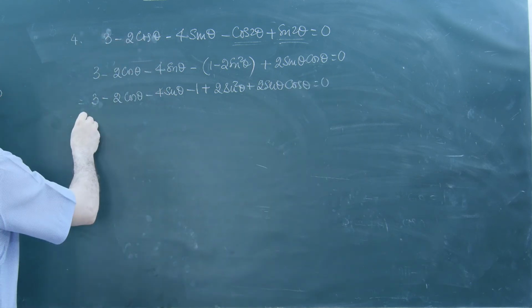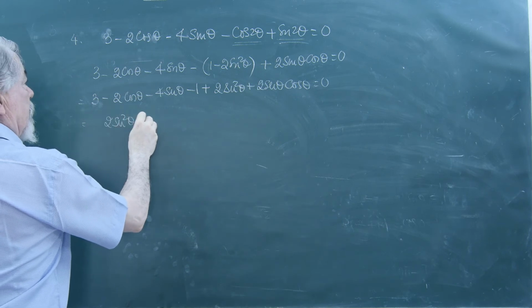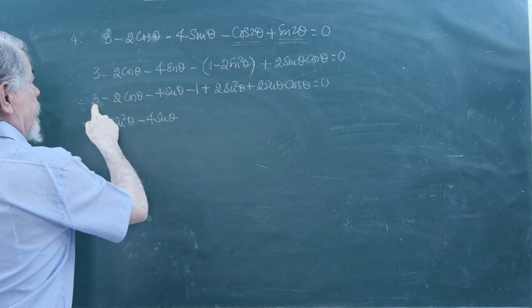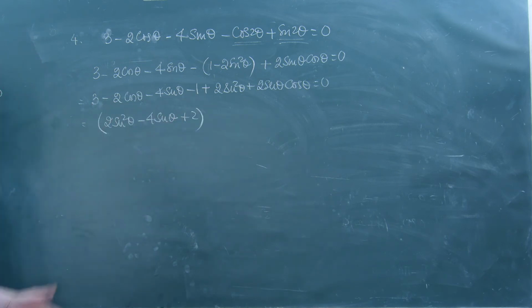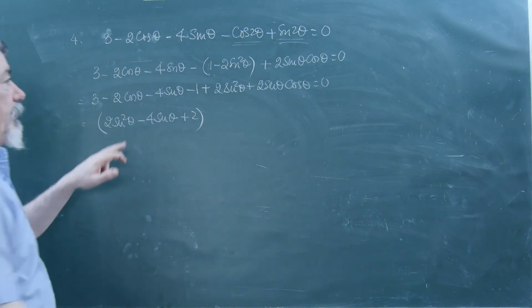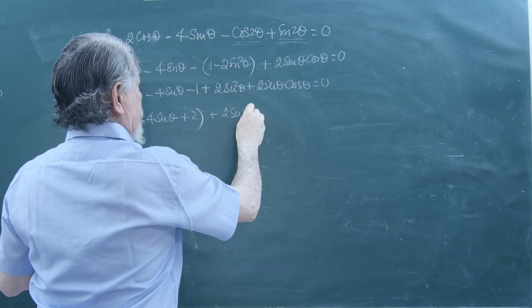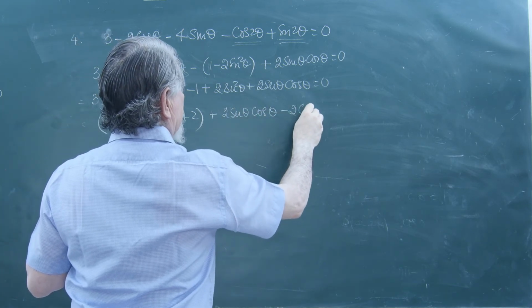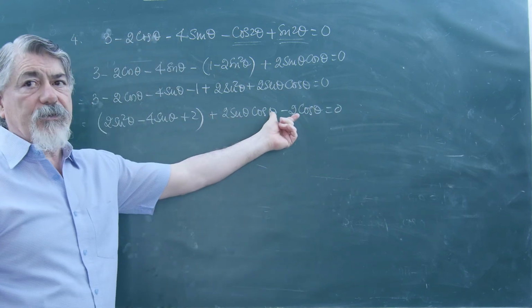I can write this as 2 sine square theta minus 4 sine theta, and 3 minus 1 is plus 2. Combine these, then it might become something. And here plus 2 sine theta cos theta minus 2 cos theta is equal to 0, because I can see 2 cos theta, I can take out common here.